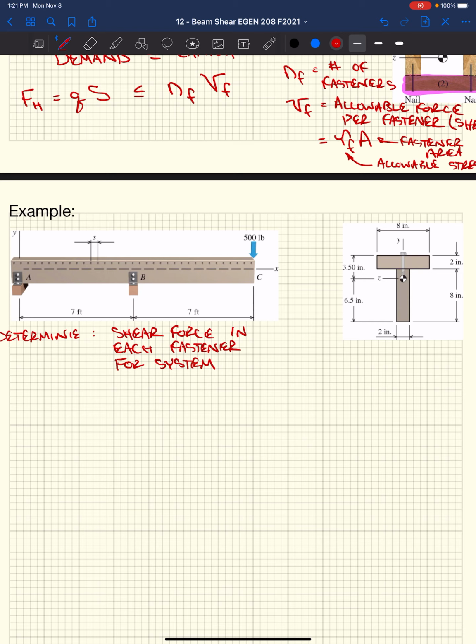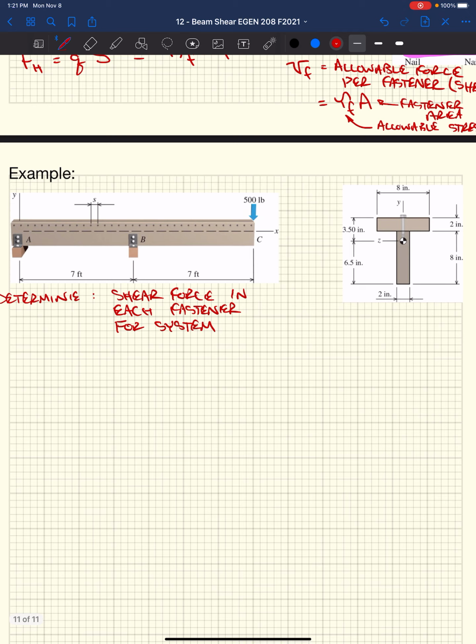Spacing, S, we're going to be given as 5 inches. So we're going to space our bolts along the length of this entire member at 5 inches on center. That's going to attach our top flange to the stem of this T section.